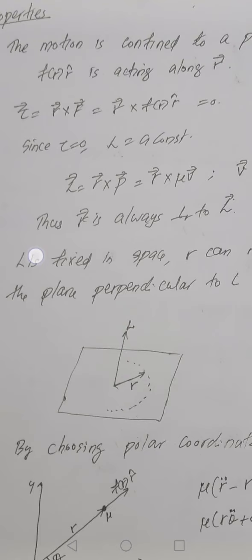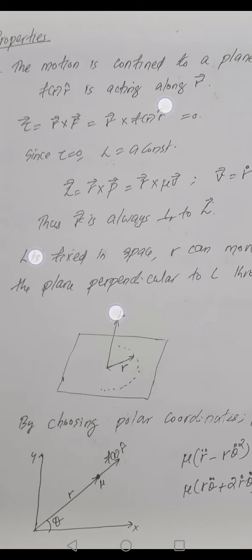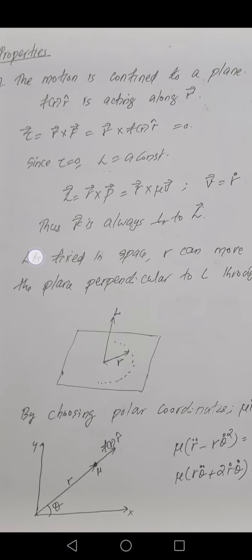Therefore r cross F of r r cap is equal to 0. That means the torque is 0. If there is no external torque, the angular momentum is a constant of motion. That is called the conservation of angular momentum. So since here the torque is 0, L is a constant.